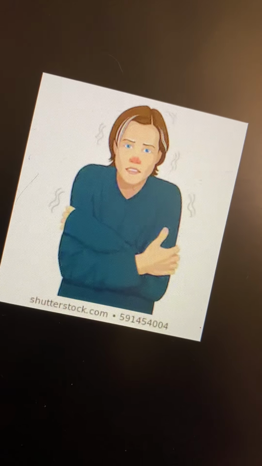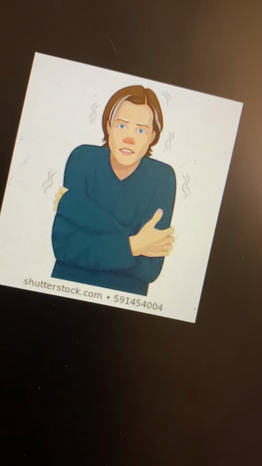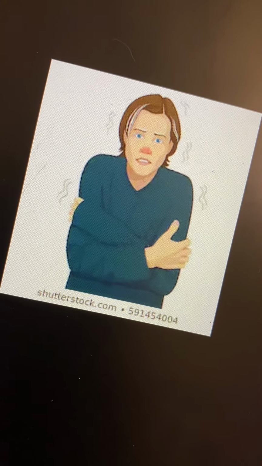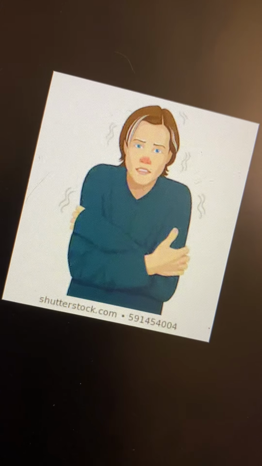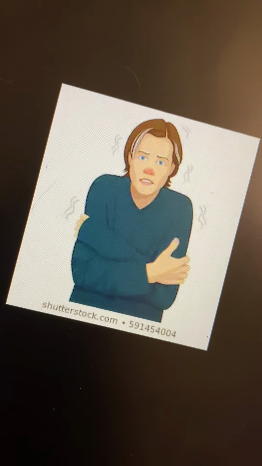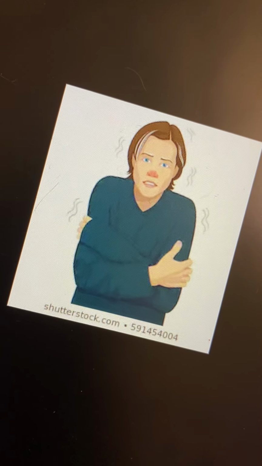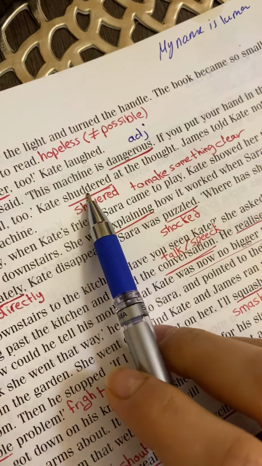This boy shuddered. What is the meaning of shuddered? It means he what? Shivering. When he is what? Cold or frightened. Okay, so shuddered means shivered.